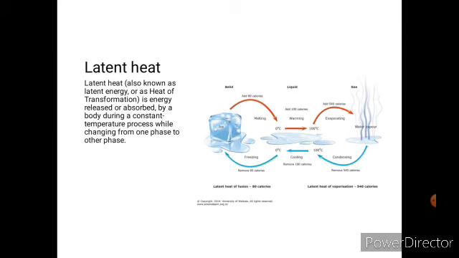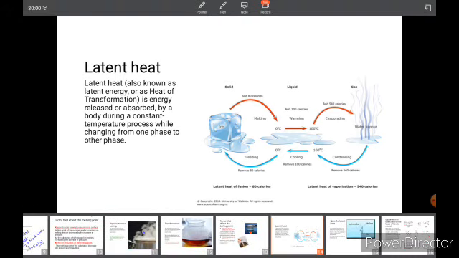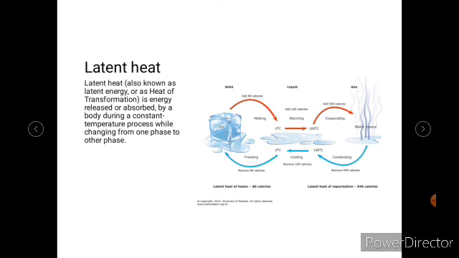This heat that is being exchanged during the changing of state but does not get manifested is known as the latent heat. Now what is the latent heat? By definition, latent heat, also known as latent energy or heat of transformation, is an energy released or absorbed by a body during a constant temperature process which changes from one phase to another phase.